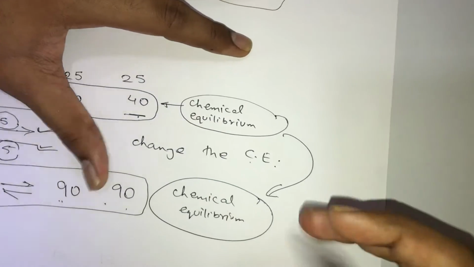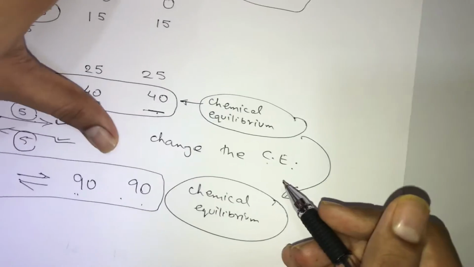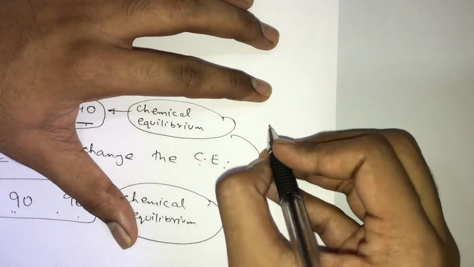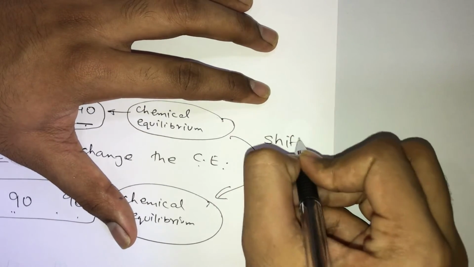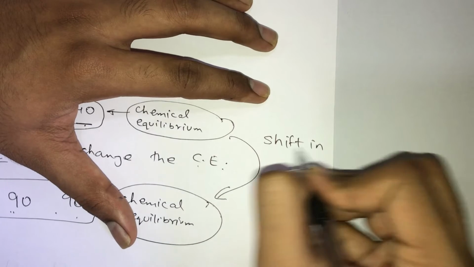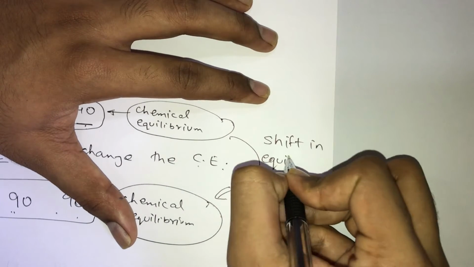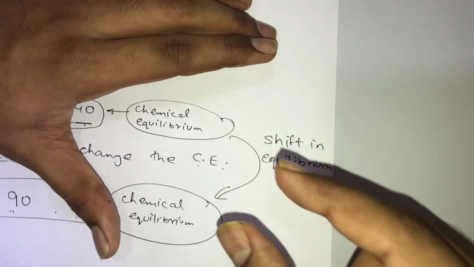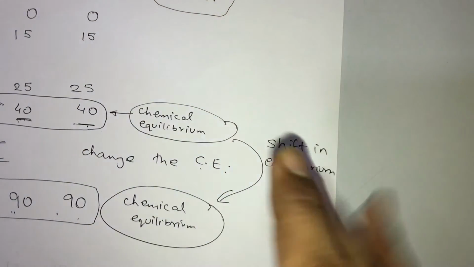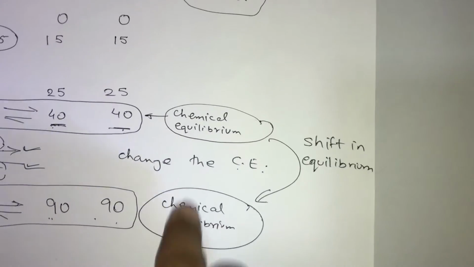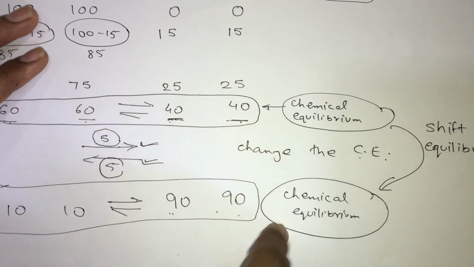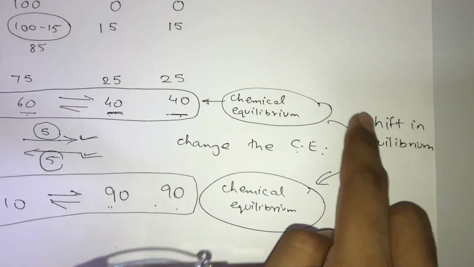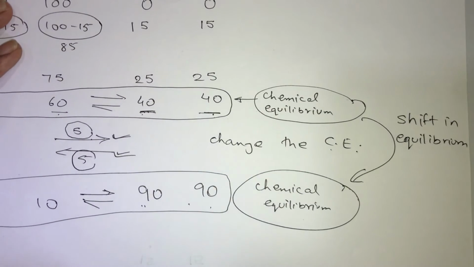Now this change in chemical equilibrium is called a shift in equilibrium. Okay, we will understand this topic ahead in a much better way in this video itself. So when you change the state of equilibrium, it is called a shift in equilibrium.